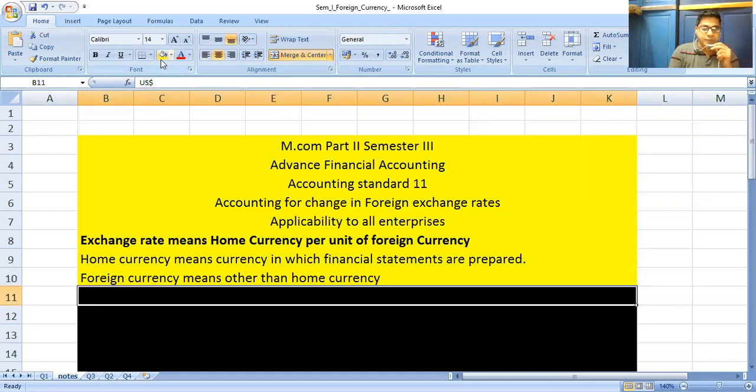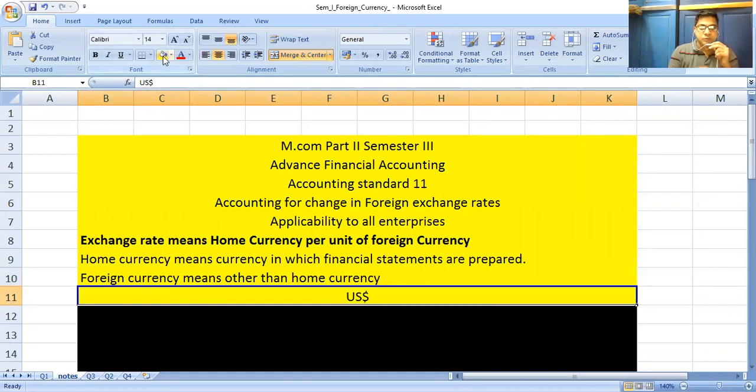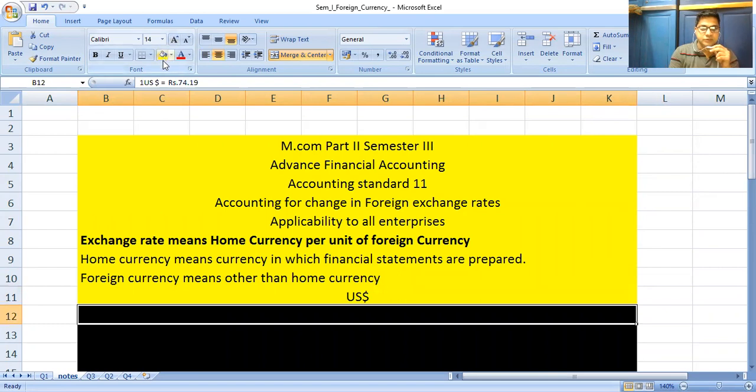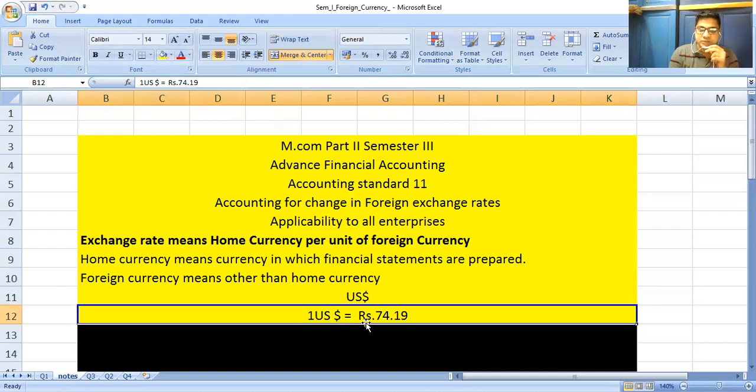Now, whenever we talk about the US dollar, we talk about today's per dollar rate. Today's date is 16 August 2021, and today's per dollar rate is rupees 74.19.